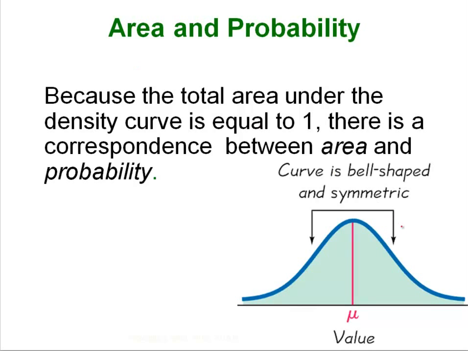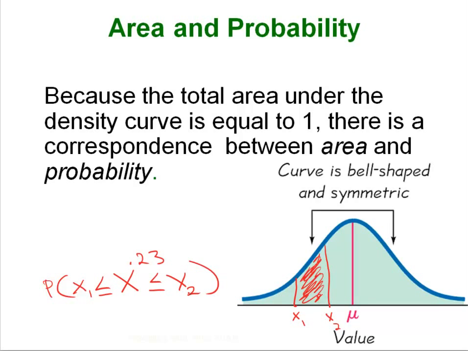So if we come along and say, hey, between this x here and this x here, we can call it x1 and x2, if we calculated this area, and that area ended up being 0.23, then that would mean the probability of picking an x between x1 and x2 would equal 0.23.